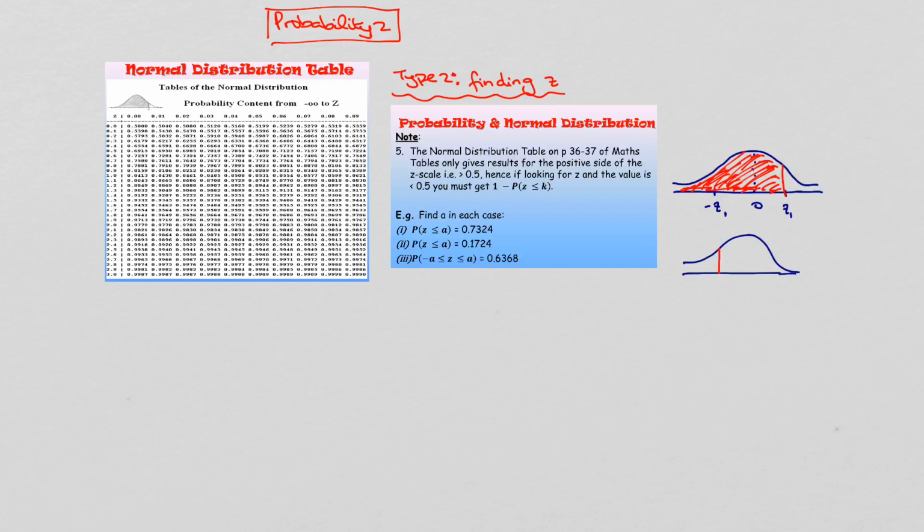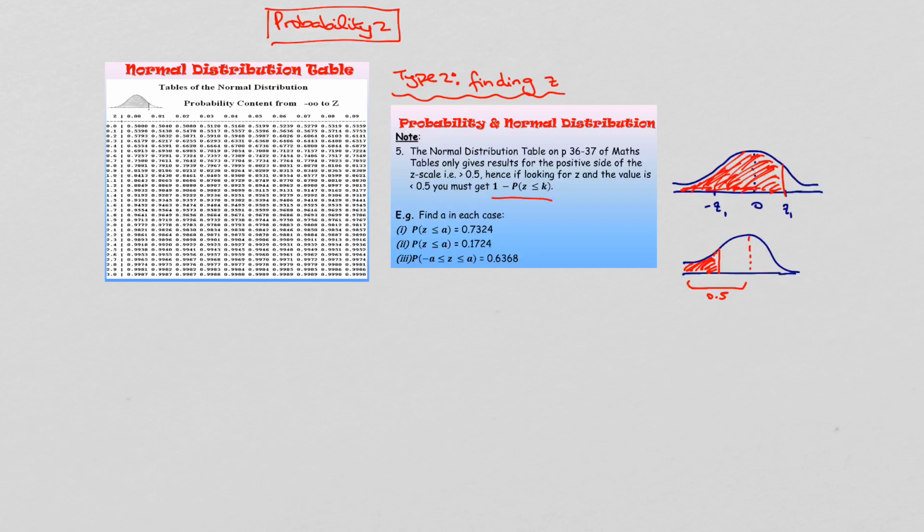So it's a very small area. So in other words, it's less than 0.5. So at this point here, all of that is 0.5. So if we're less than 0.5, we're in the negative zone. Okay, so therefore we're going to have to work out our values and then apply this 1 minus p of z less than or equal to k.